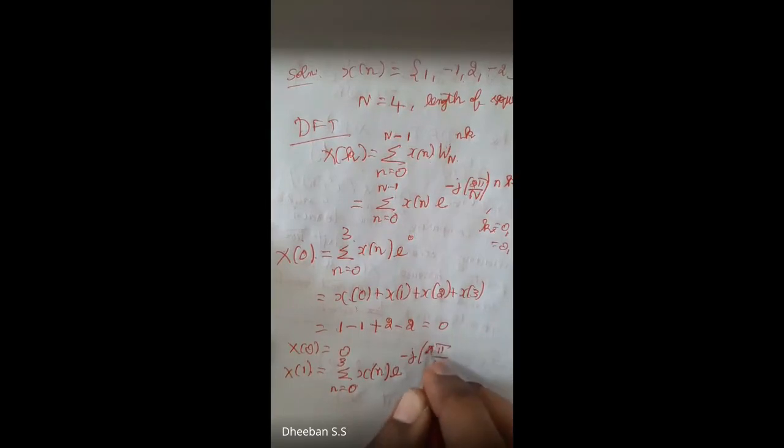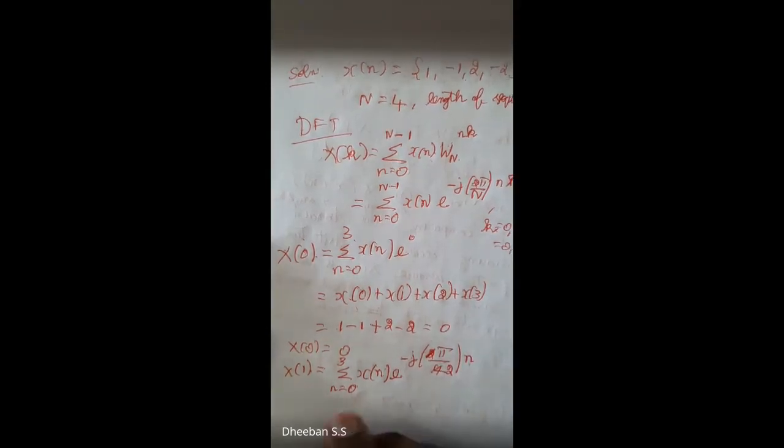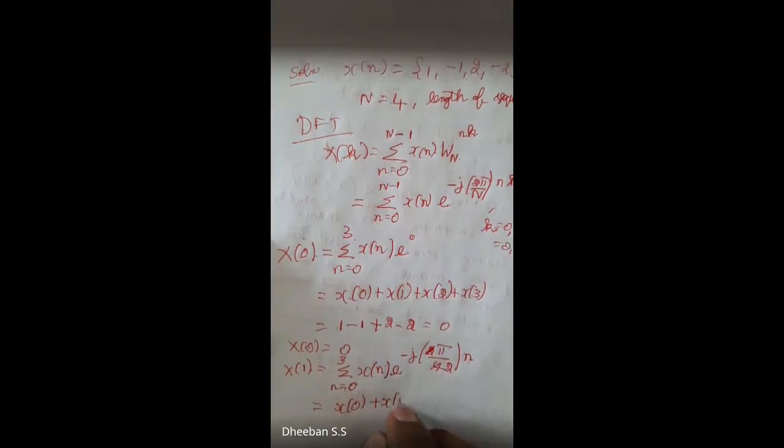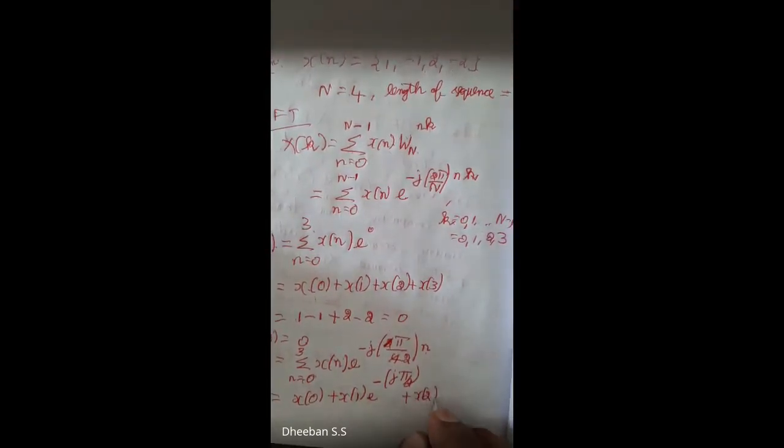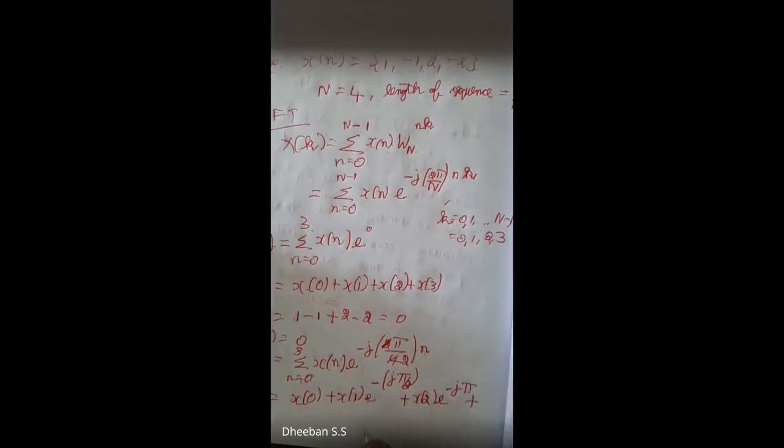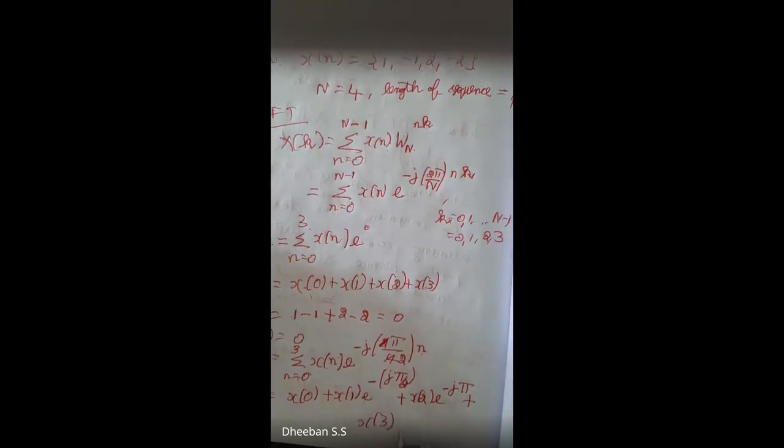So this will be cancelled out and this becomes 2, into n. Okay, on solving this you'll be getting x of 0 plus x of 1 e power minus j pi by 2, plus x of 2 e power minus j pi, plus x of 3 e power minus j 3 pi by 2.